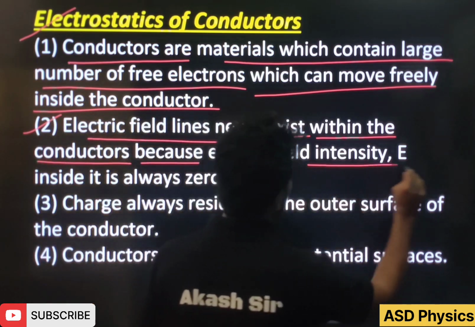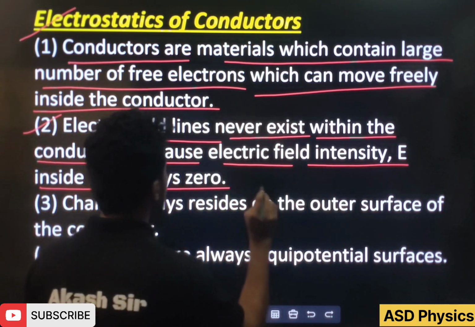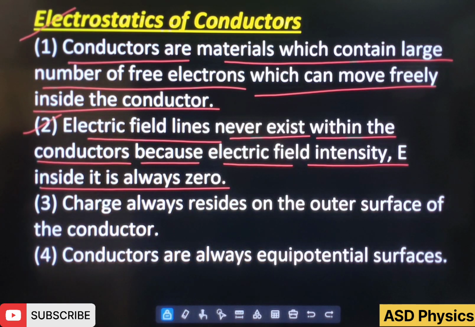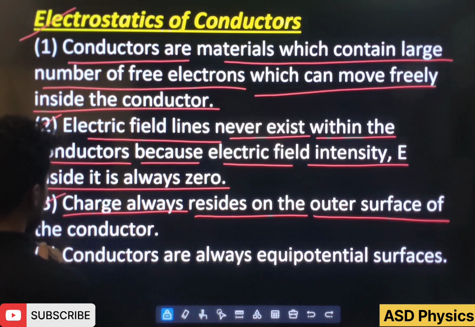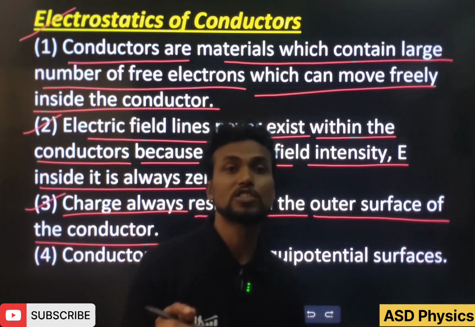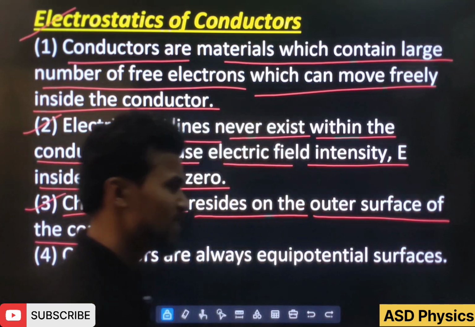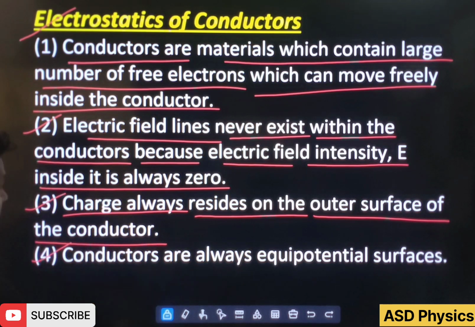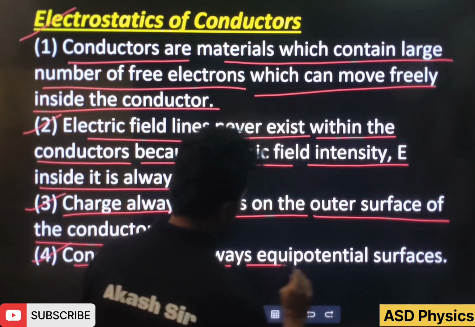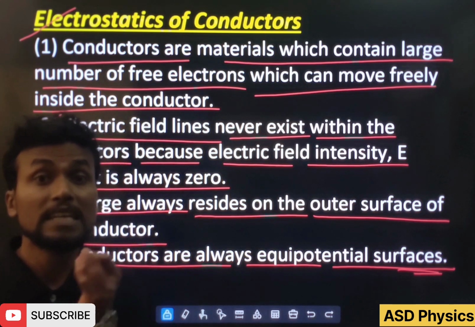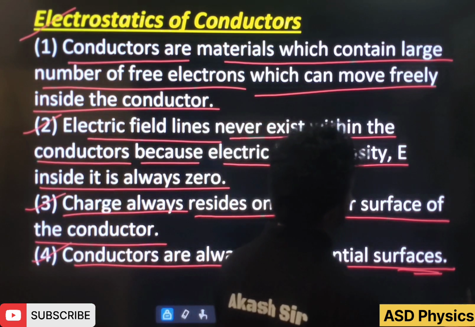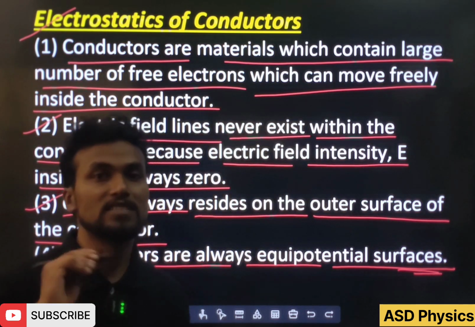Because the electric field intensity inside it is always how much? 0. We have done this before also. Third, see, charge always resides on the outer surface of the conductor. If it is a conductor, the charge will be where? Always on the surface. Any shape of the conductor is no problem. And conductors are always what? Equipotential surfaces. Whatever potential is on the surface, the same potential is inside also.